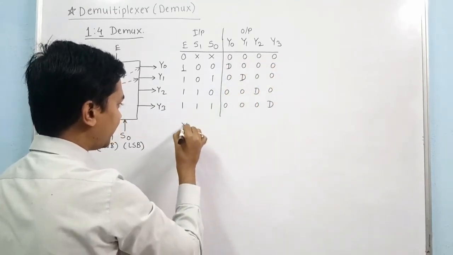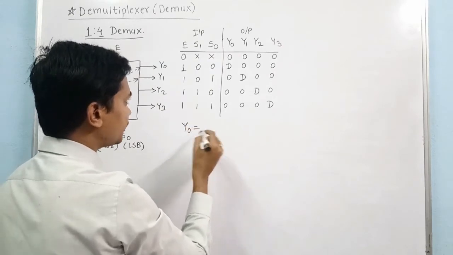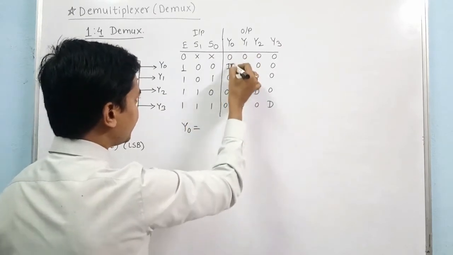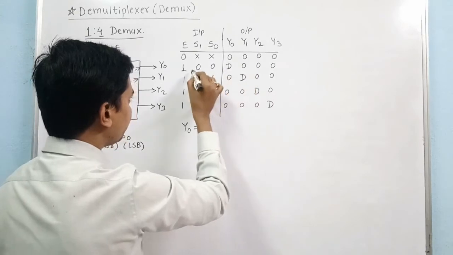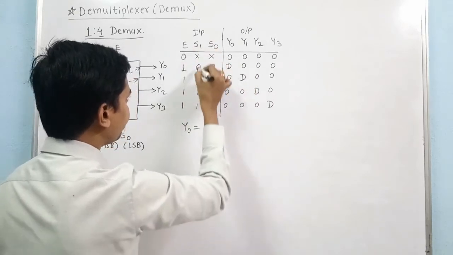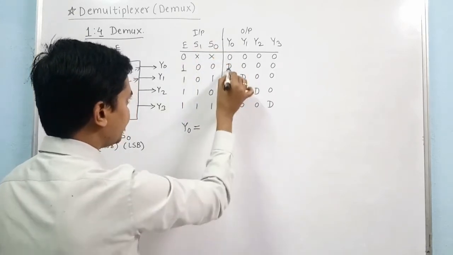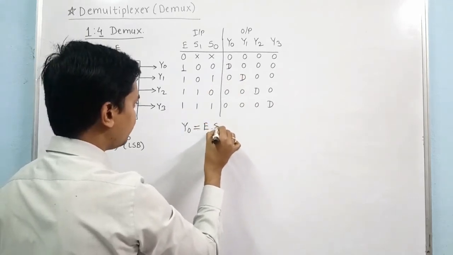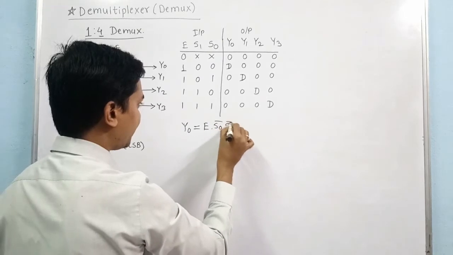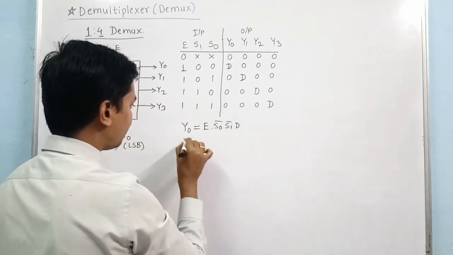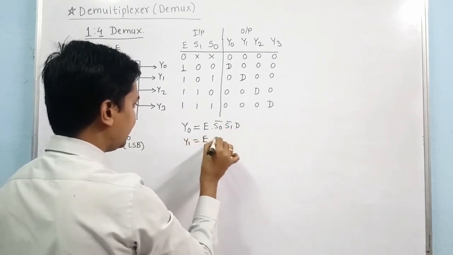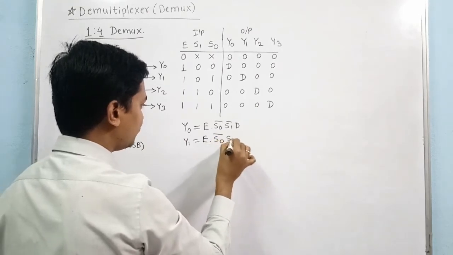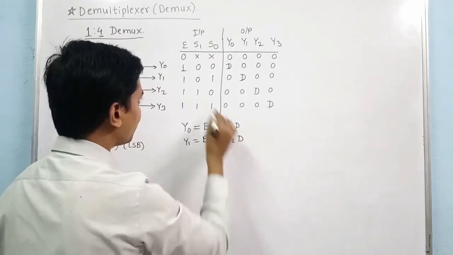So for y0, the y0 line is having D. So we will consider E, S1 and S0 along with this D status. So y0 = E into S0 bar into S1 bar into D. For y1 we will consider E into S0 bar into S1 into D, because 0 1.